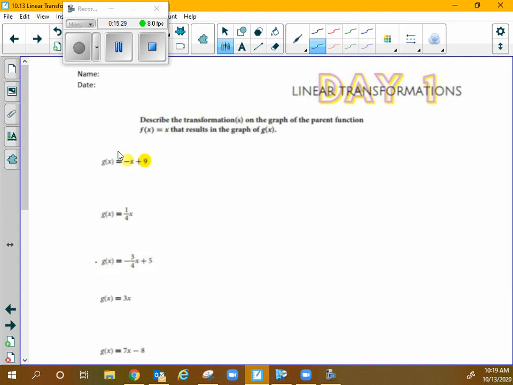What is the first transformation that occurred? Negative. So what happened? What's the transformation? Reflect. If the sign of the slope switches, it's just a reflection. That's all I need from it. Okay, and then the second transformation.